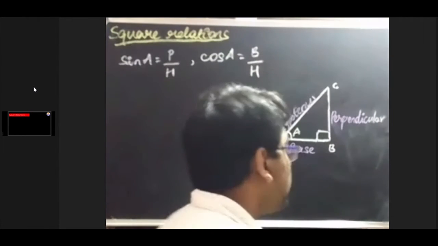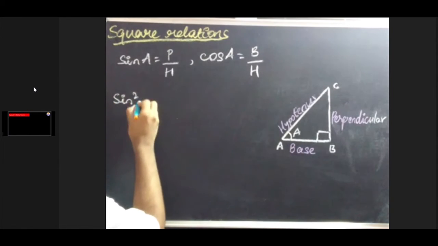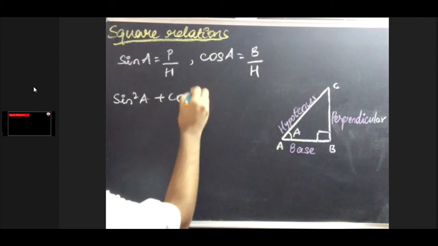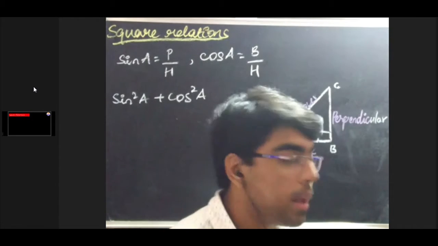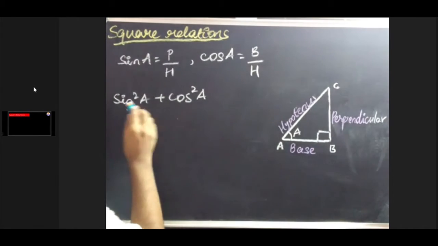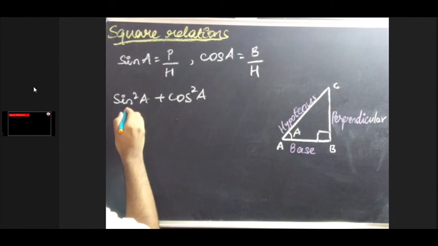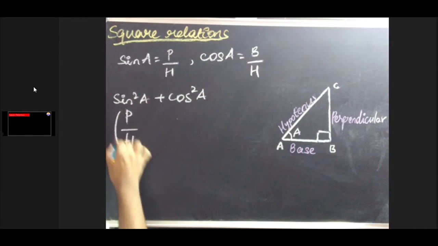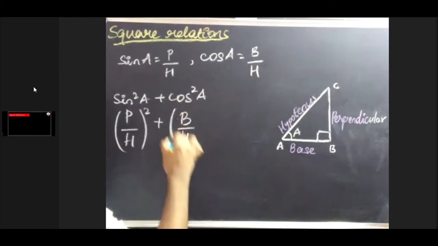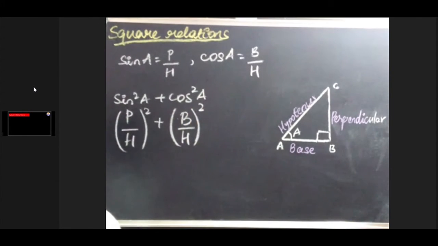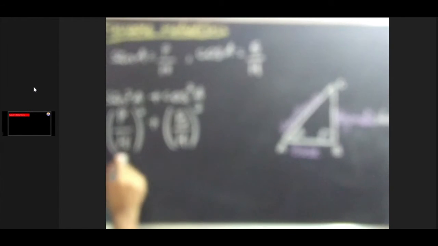Then let's take sin square A plus cos square A. That means sin A whole square plus cos A whole square. So in that case, it will be perpendicular by hypotenuse the whole square plus base by hypotenuse the whole square. Right? Yeah. Then let's remove the bracket.